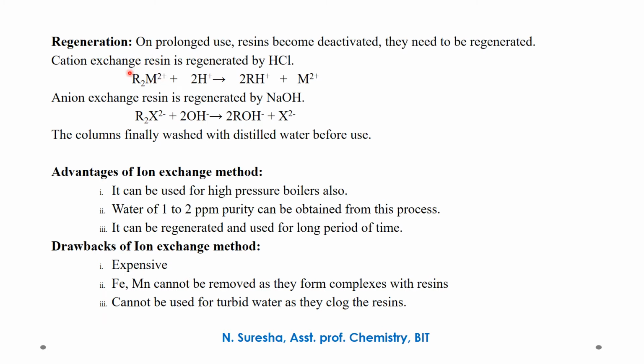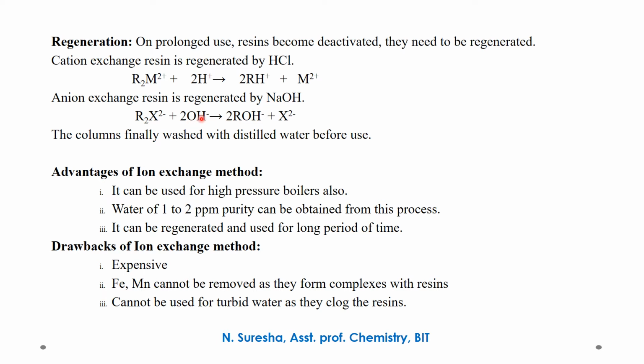So when this deactivated cation resin is treated with HCl, H plus ions, again there will be an exchange of ions. The H plus ions will stick to the resin and the M2 plus metal ions will be washed out, drained out. Similarly, the deactivated anion exchange resin will be treated with the base sodium hydroxide.